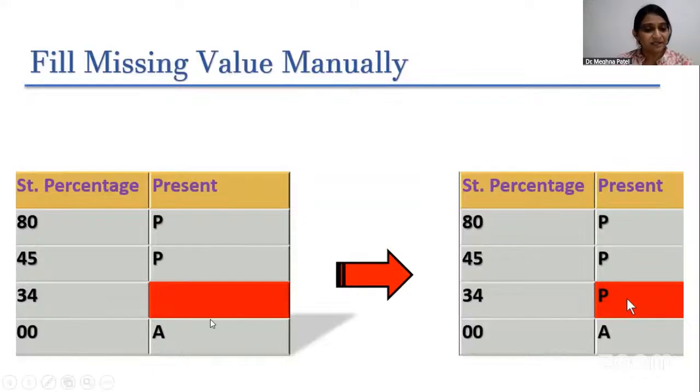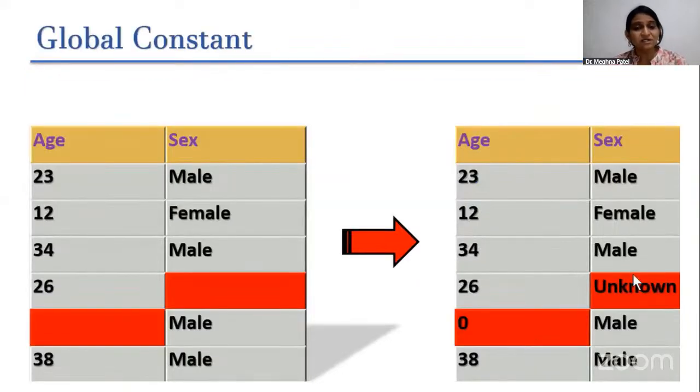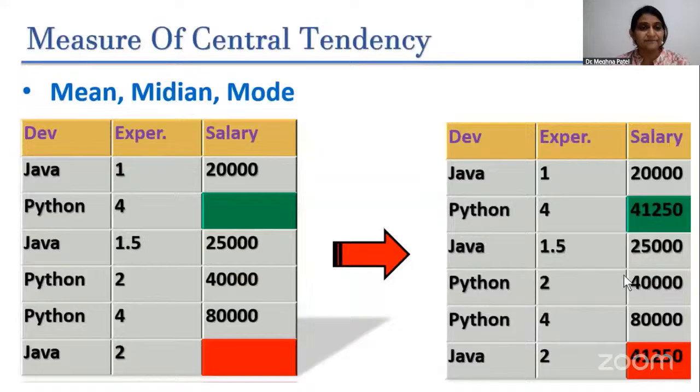Missing value manually: based on the observation, you can check and fill that. If it is 34, then you can keep it here. So manually you can keep the value, but if data are in lakhs, you cannot do manual work. Global constant means you can fill the data with some constant value, like 0 and unknown. Then you can fill the data with the mean, median, mode.